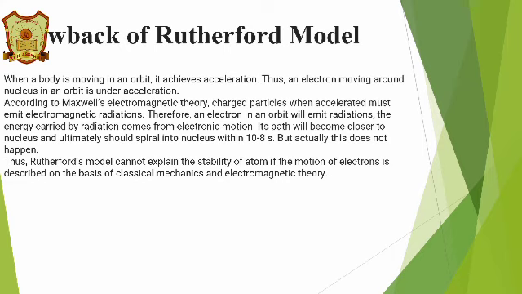But this doesn't happen. So Rutherford could not explain how the electrons are moving around the nucleus and even then they are not losing their energy, how they do not fall into the nucleus, and how the atom is stable. Rutherford could not explain this phenomenon at all and hence it failed. So this is one of the major drawbacks that Rutherford could not explain about the structure of the atom.